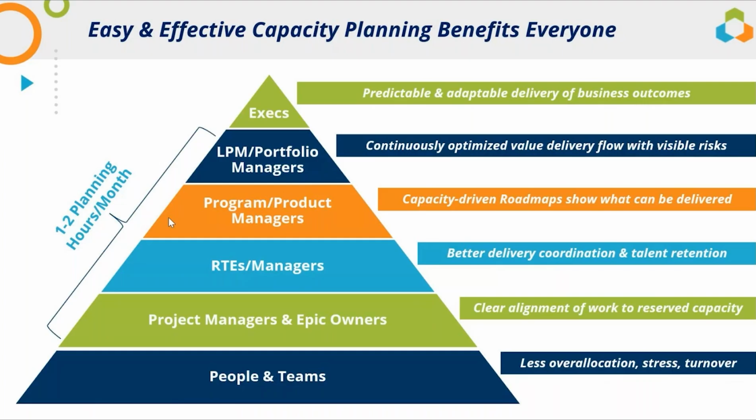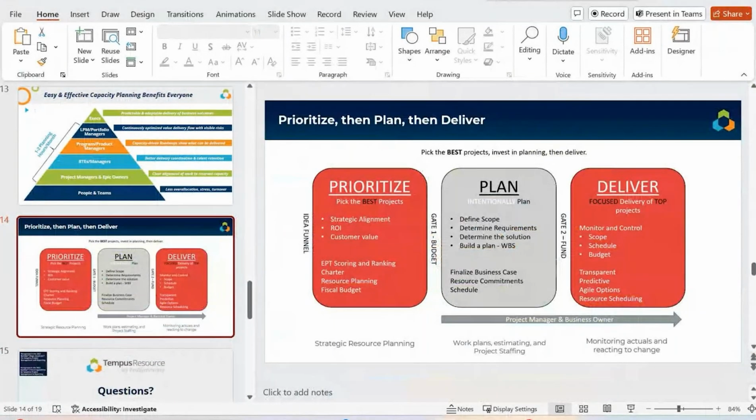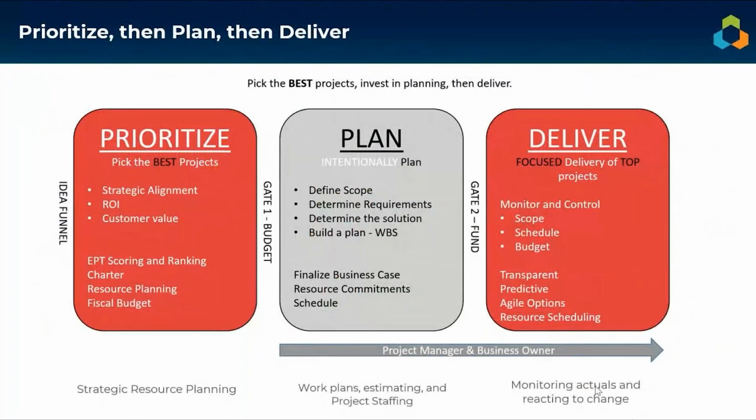So let me pause here and show you this one last thing too. This is an example I took right out of one of our case studies from one of the organizations that have done this. And again, this goes back to my opening salvo, which is over the life cycle of your portfolio. When you prioritize, they're doing resource planning. As they're doing more detailed planning, they're getting final resource commitments.